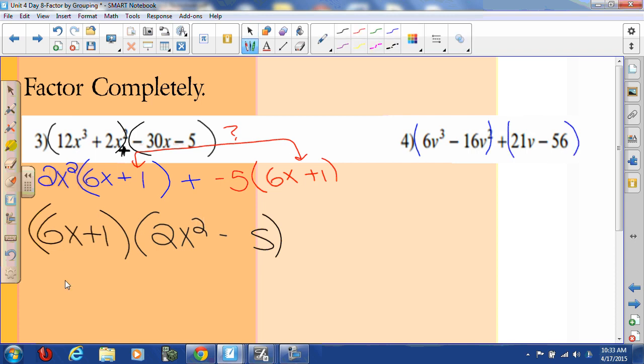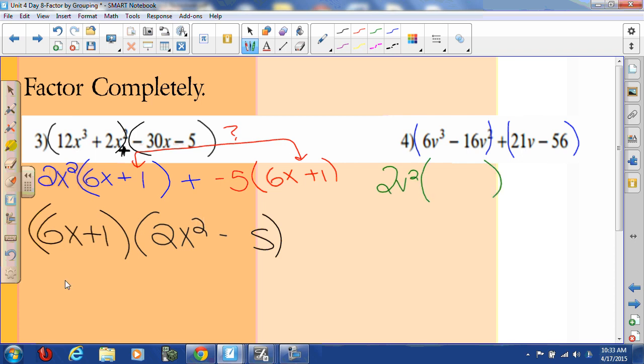So Brandon, help us out. Go to the first grouping. What's the GCF? Brandon's going to answer. Take your time. 2b squared. You got it.